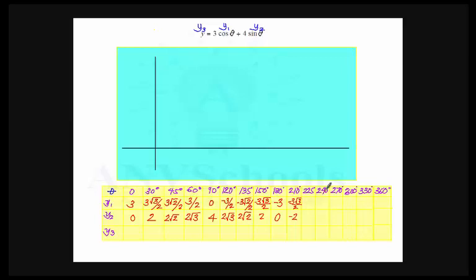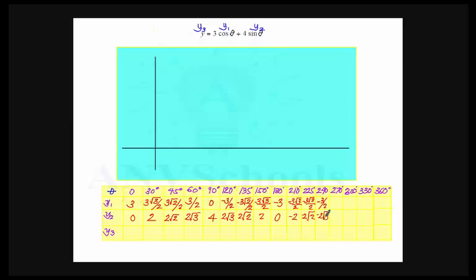So for 45, just get the values of 45 degrees here. So we have negative 3 square root of 2 over 2, and here we will have 2 square root of 2, that would be negative also. 240, so the reference angle is 60 degrees, that would be negative 3 over 2, and negative 2 square root of 3.